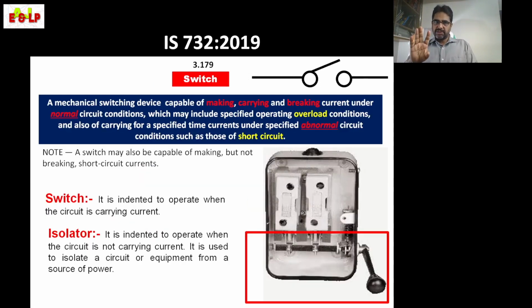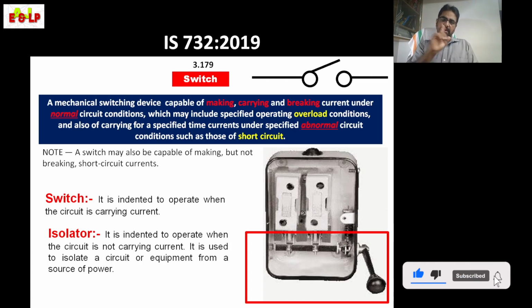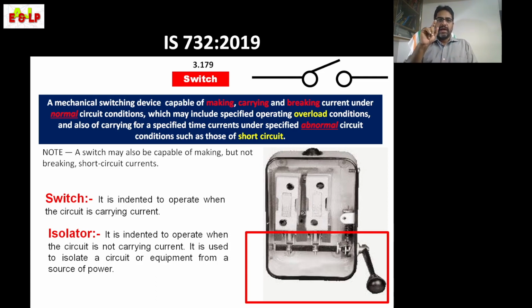Switch is similar to isolator, except that an isolator can be operated when there is no supply, but a switch can be operated even if there is supply. Means it is also a mechanical switching device, but it must be able to make the circuit, carry the load current, and break the current, and also it should withstand abnormal current such as overload or short circuit current.